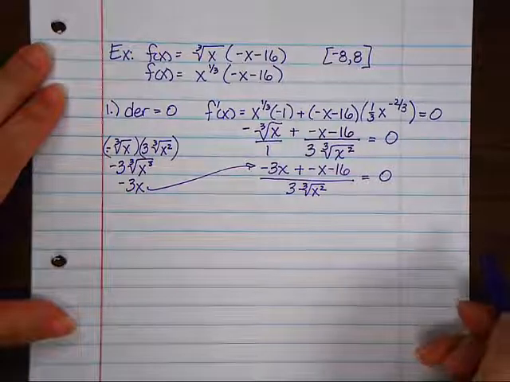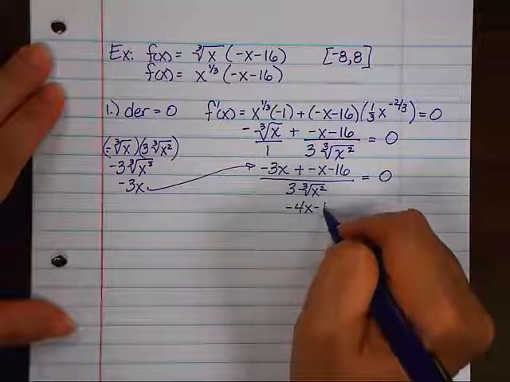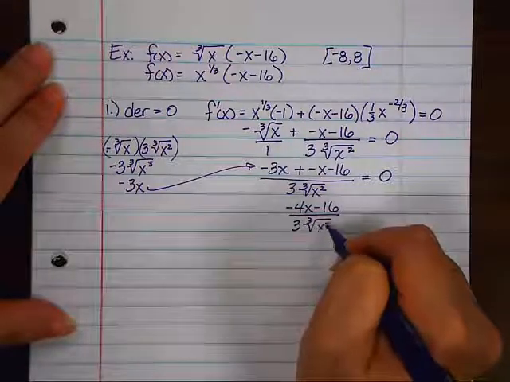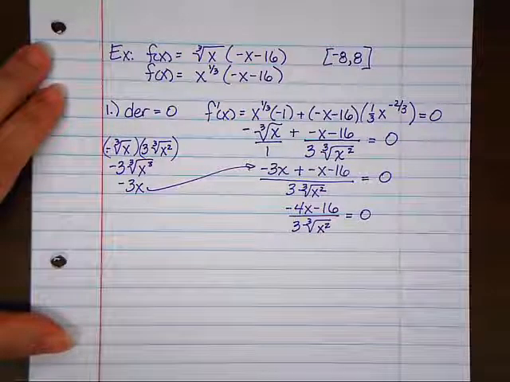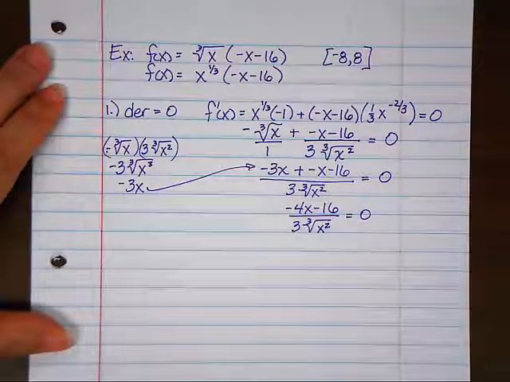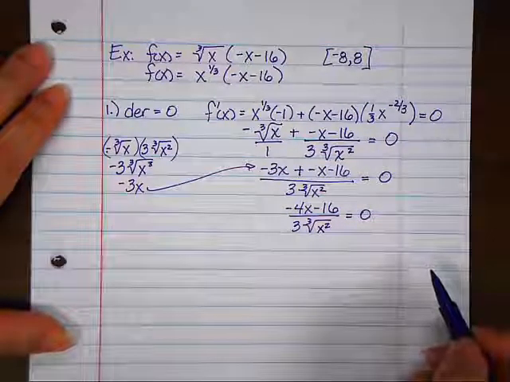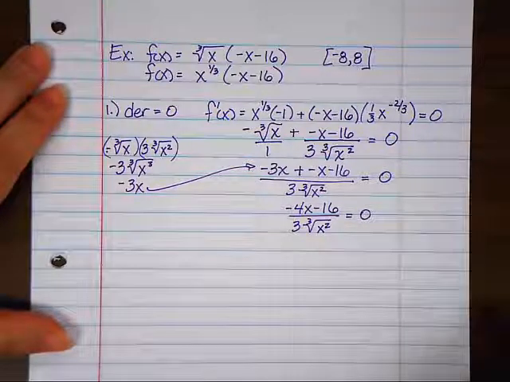Okay, let's clean up the top a little bit more. Negative 3x plus negative x is negative 4x minus 16 over 3 cube roots of x squared equals 0. Okay, that looks a lot better. So if I'm setting the derivative equal to 0, is that the top or the bottom or both? What do you think?